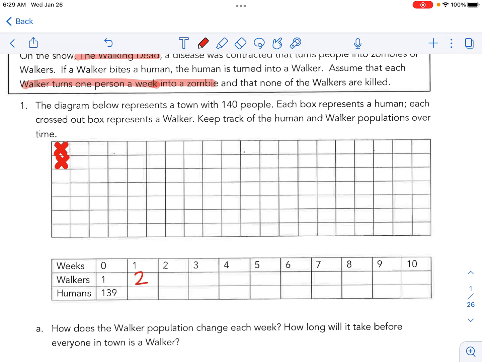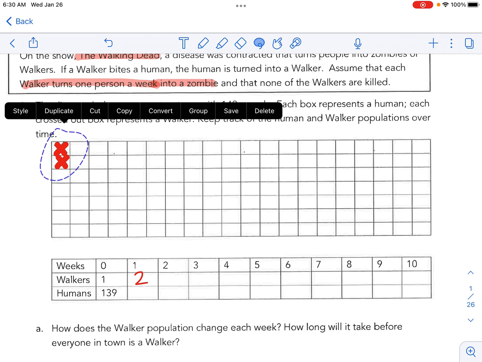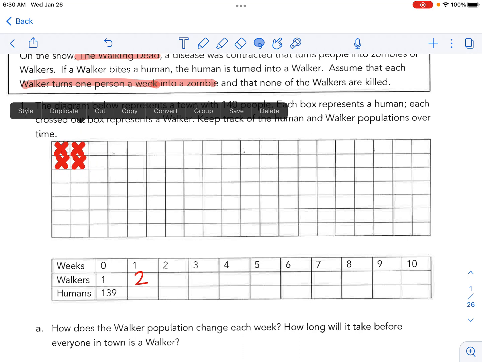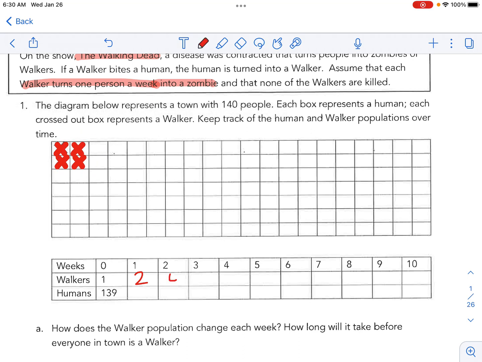And so now we got two of those creatures roaming around. And that next week, they both bite somebody. So if they both bite somebody, now we have 4 zombies in this village. And then the following week, these 4 zombies each bite a person.